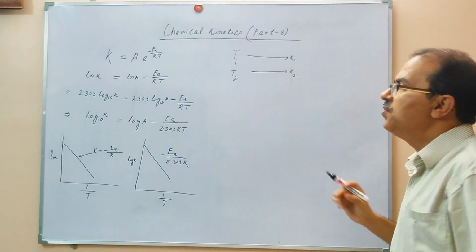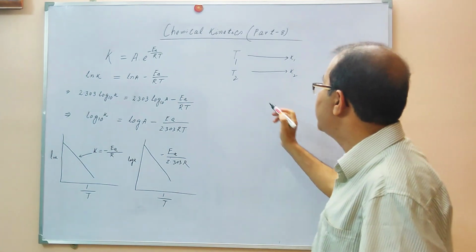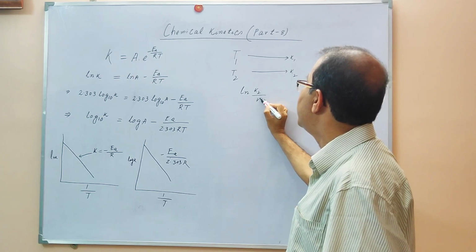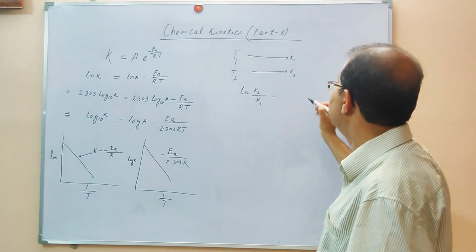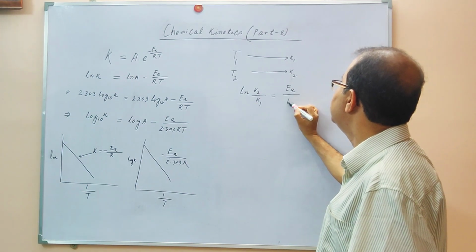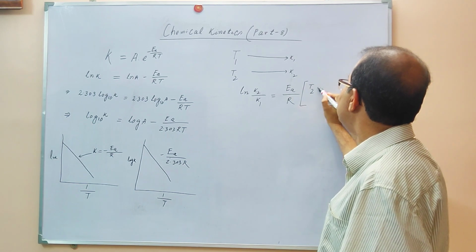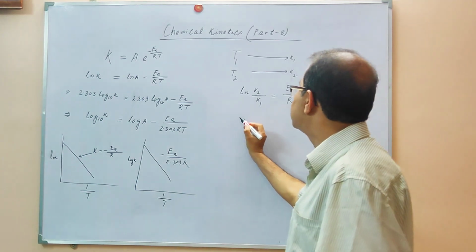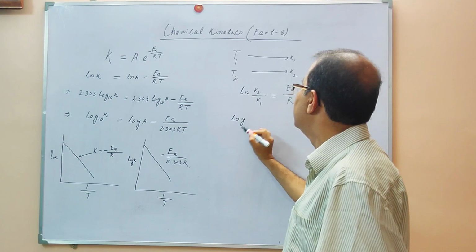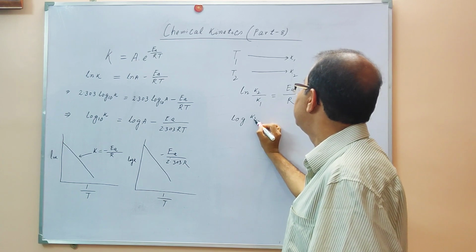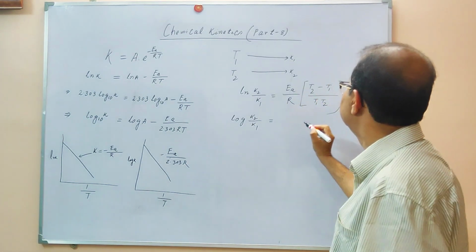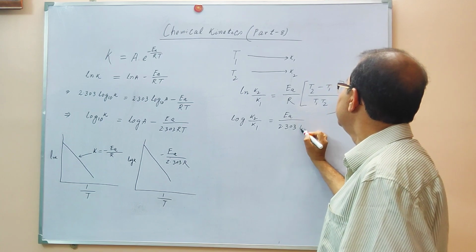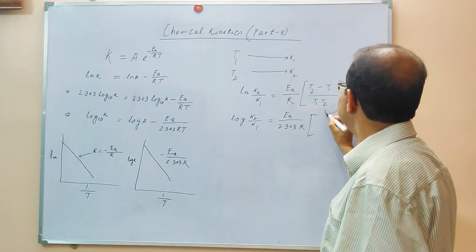By putting these values in this equation, we can derive a very important relation: ln k2 by k1 equals Ea by R into T2 minus T1 by T1 T2. You can do it yourself, you will find it very easy. Now we can convert this natural log: log of k2 by k1 is equal to Ea by 2.303 R into T2 minus T1 by T1 T2.